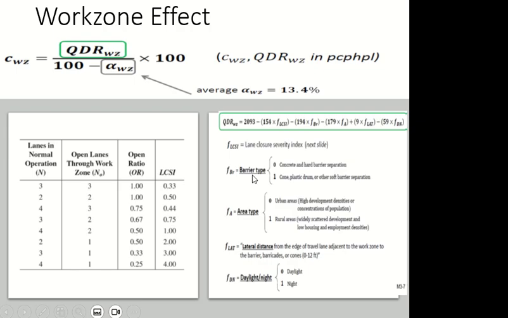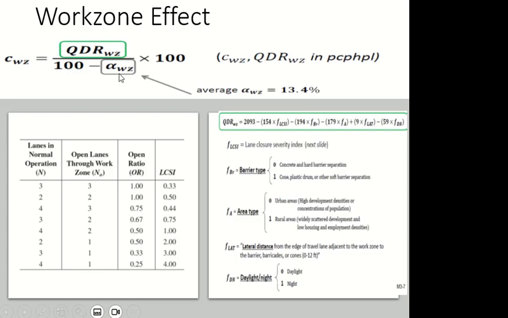For work zone, this is where we need to do some calculations. So pay attention now. Later on, we will do an example as well. If you want to calculate the adjustment factor for capacity because of the work zone, you have to use this equation. In this equation you can see two factors, W and QDR.